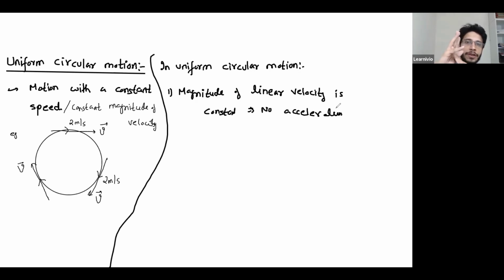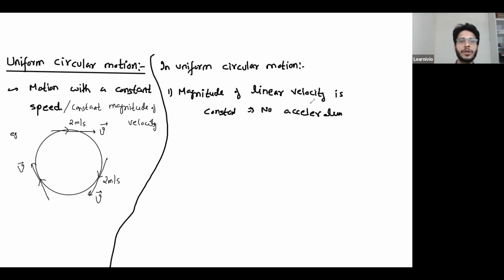If direction of linear velocity changes, then you will have a corresponding acceleration. If it doesn't change, then no acceleration. The third parameter is magnitude of angular velocity. If it changes, then you will have a corresponding acceleration. The last one is direction of angular velocity. If it changes, then you would have a corresponding acceleration.